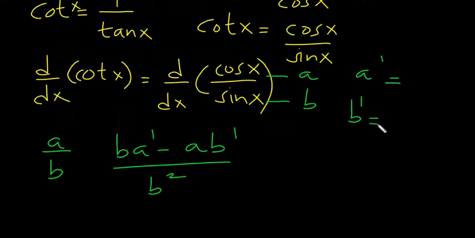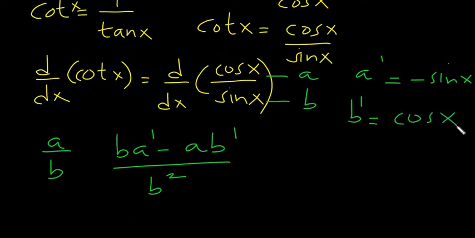So a prime is the derivative of a, or rather when we differentiate a, which is cos x, we're going to get negative sine x. And then the derivative of b is going to be cos x.